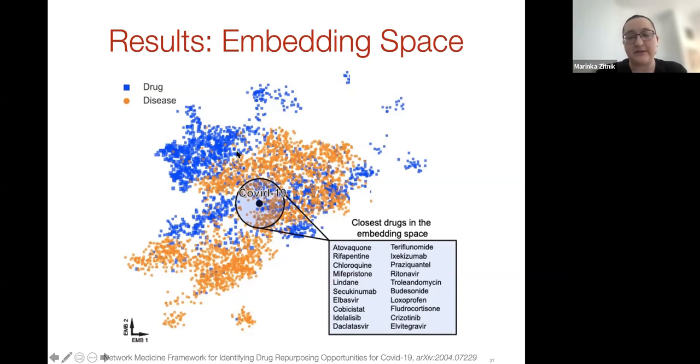That resulted in embeddings for drugs and diseases, including the embeddings for COVID-19. And it allowed us to ask, well, what are nearby drugs in that learned embedding space that are embedded close to COVID-19? And that similarity in the embedding space was used to make treatment recommendations for COVID-19.